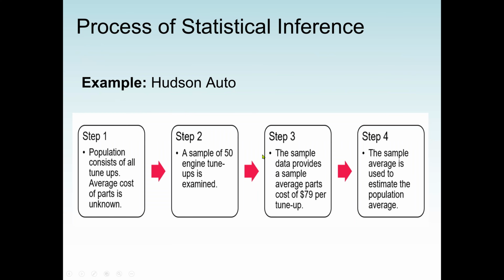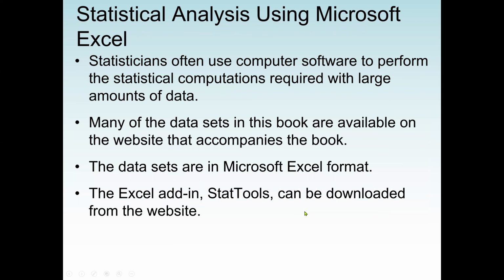Now if I know the sample of 50 said 79, then I'm going to apply this 79 to the whole population, because the population here may be over 1 million, and I can't take the whole data of 1 million and find the average. So I take a sample of only 50, find the average, then apply that to the whole population.